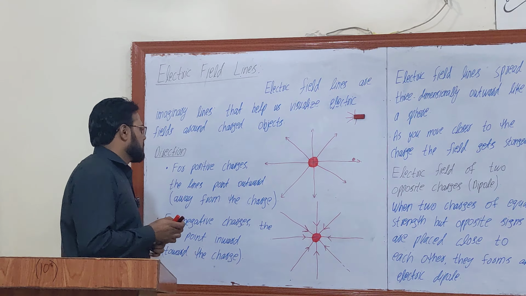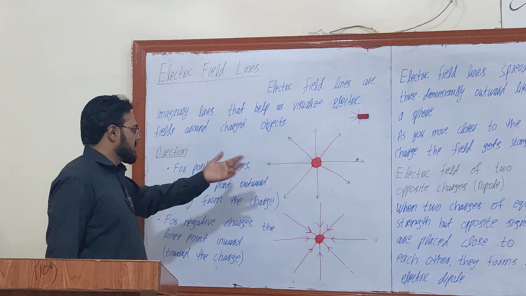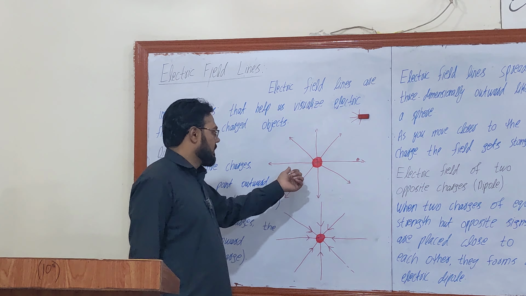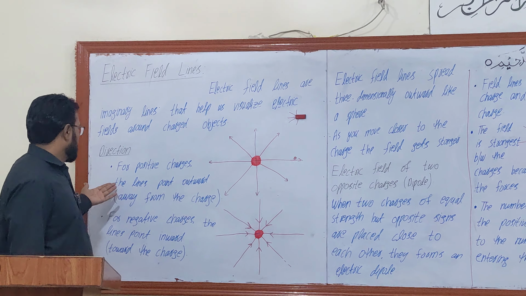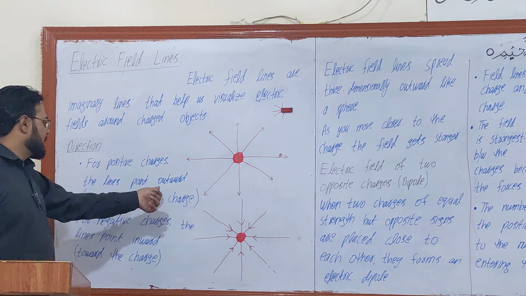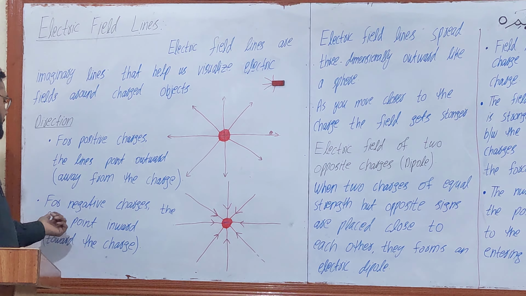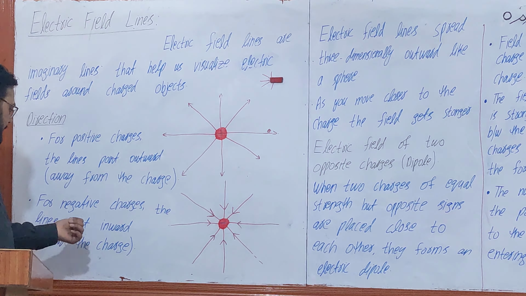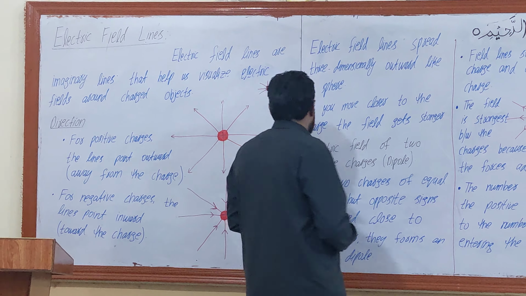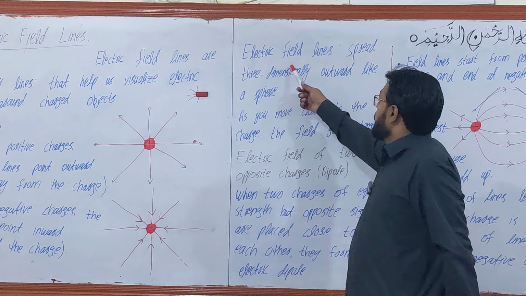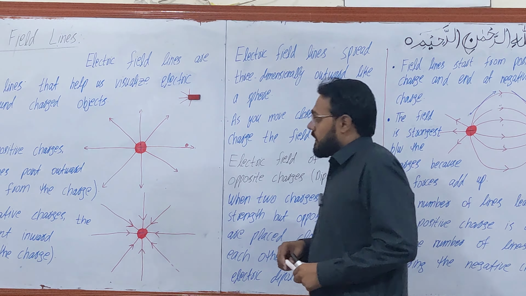For positive charges, the direction of lines is outward. For negative, the direction is inward. For positive charges, the lines point outward away from the charges. For negative, the lines point inward towards the charge. Electric field lines spread three-dimensionally.